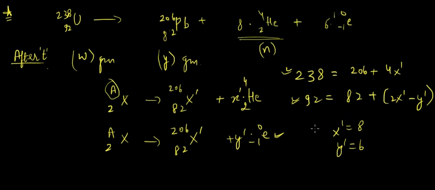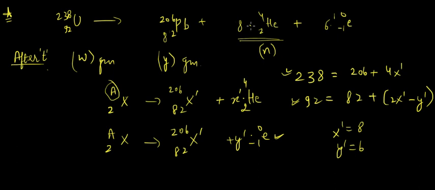Okay, so we can write that if we get N moles of helium after time t, then N by 8 moles of uranium 238 must have been dissociated in the time t, so as to produce N moles of helium 4.